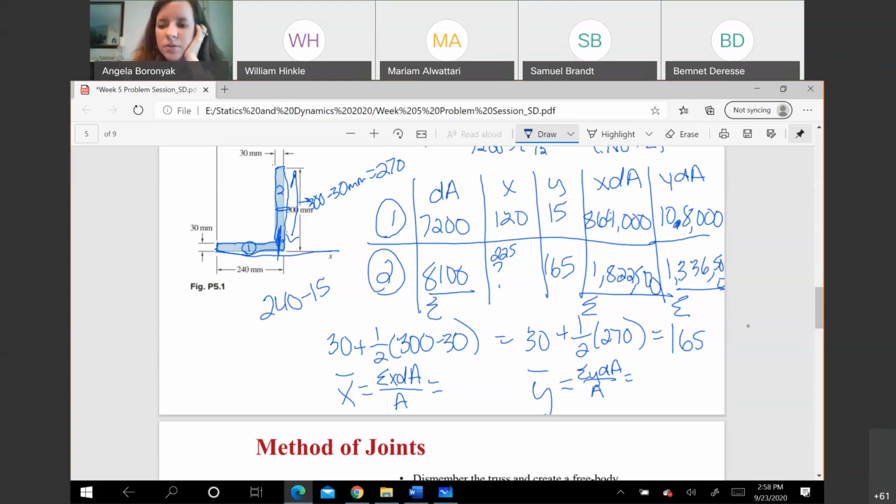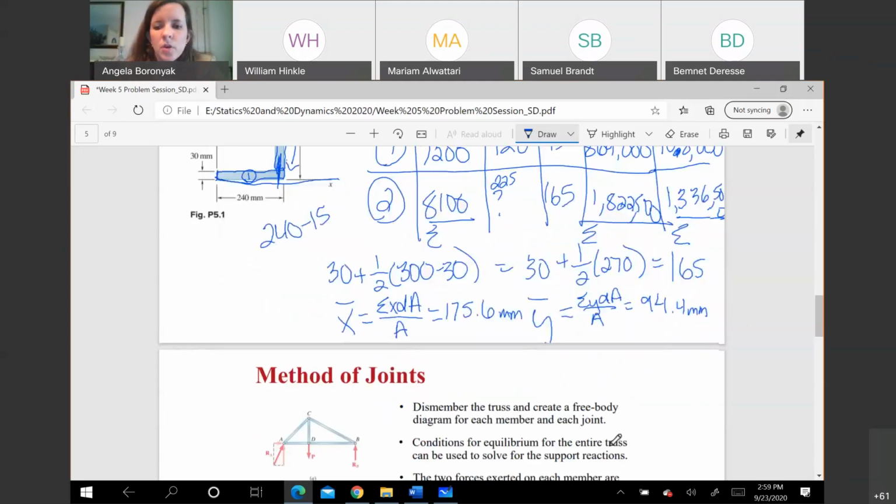Okay, and looks like a lot of people are getting that. So my x bar should come out to be 175.6 millimeters. Okay.